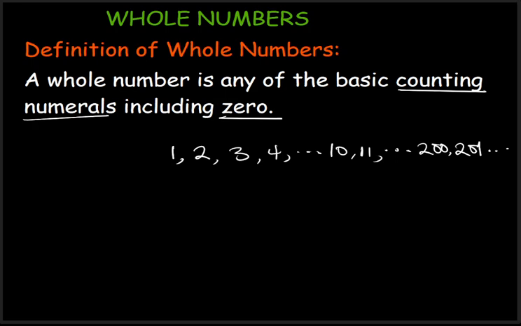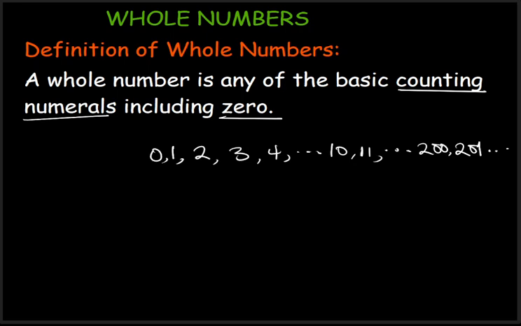So when we attach zero to it, this set of numbers is what we call whole numbers. Any of these numbers included in the combination of zero and counting numerals is what we call whole numbers.